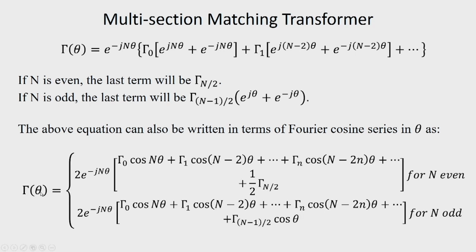Gamma as a function of theta is equal to 2 e to the power minus j N theta times gamma 0 cos N theta plus gamma 1 cos (N minus 2) theta, and finally half gamma N by 2 for N even, and gamma as a function of theta equals 2 e to the power minus j N theta times gamma 0 cos N theta plus gamma 1 cos (N minus 2) theta, and finally gamma (N minus 1) by 2 cos theta when capital N is odd.